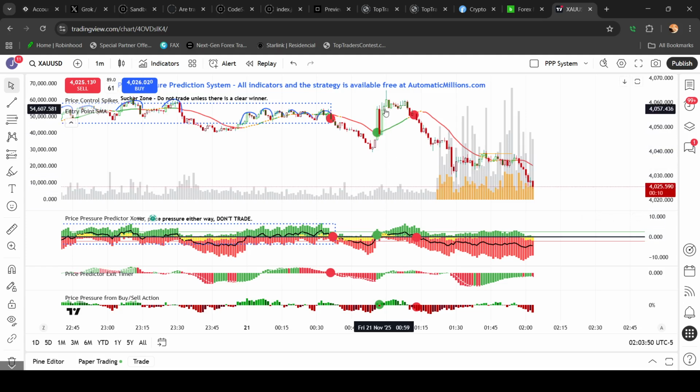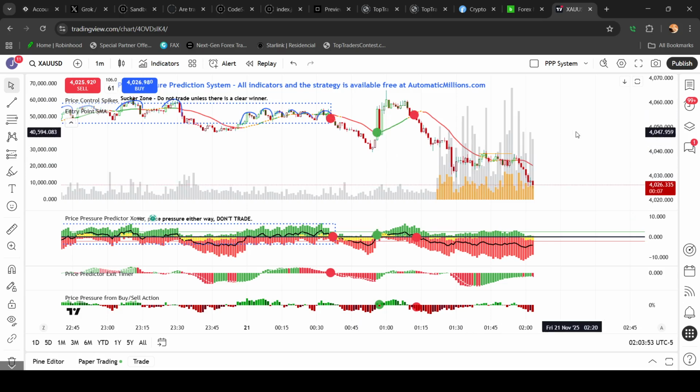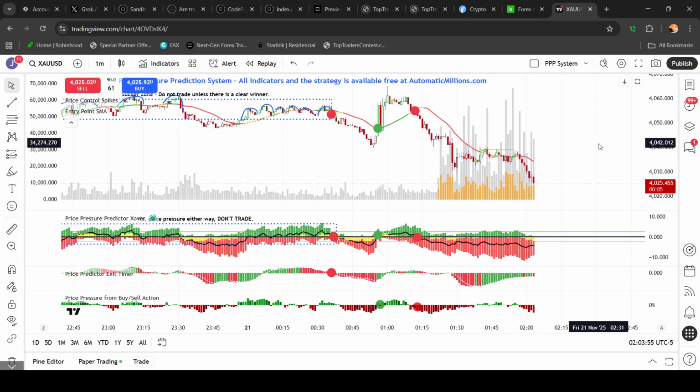I get in, I let it run a little bit, and I get out. I would much rather have a high win rate than get into a trade and then have it sit there and move up and down and come back a little bit and go back up. I'm not a swing trader. I just never have had the patience. I wanted to have control of my destiny, and that's what this does.